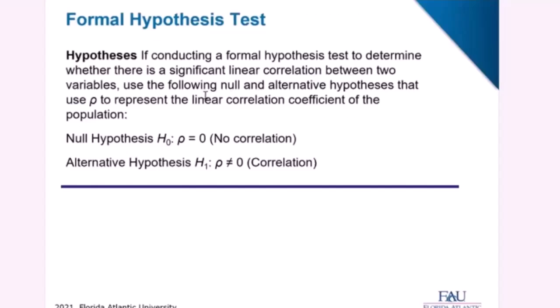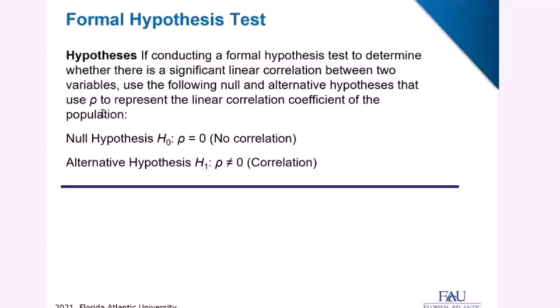If conducting a formal hypothesis test to determine whether there is a significant linear correlation between two variables, use the following null and alternative hypotheses that use rho, the Greek letter rho, to represent the linear correlation coefficient of the population. Our null hypothesis is rho equals 0. There's no correlation.